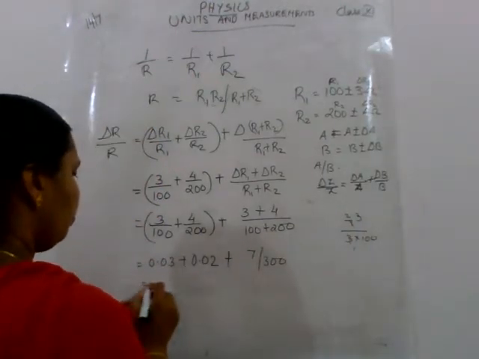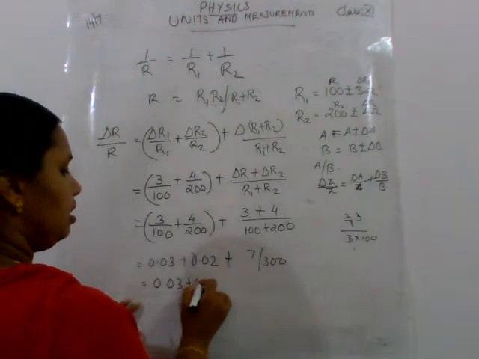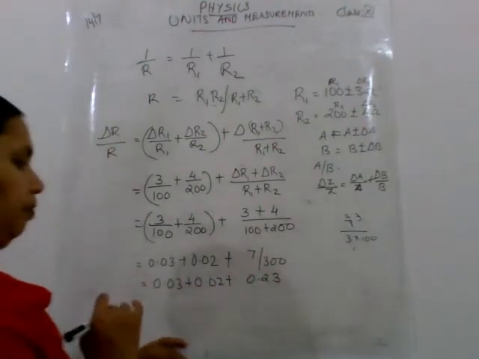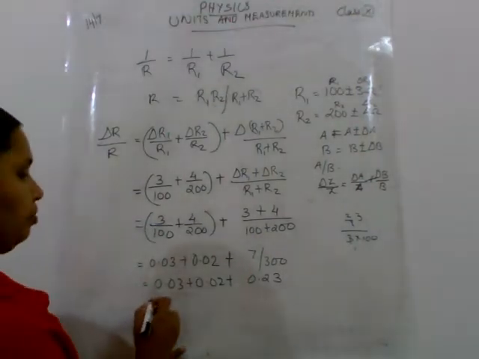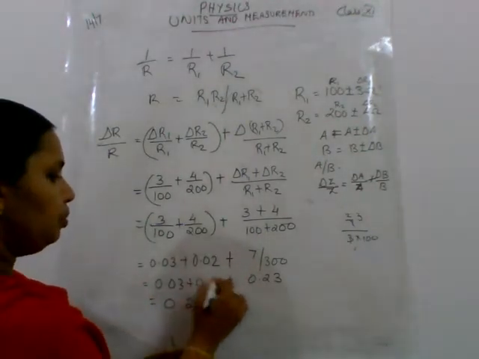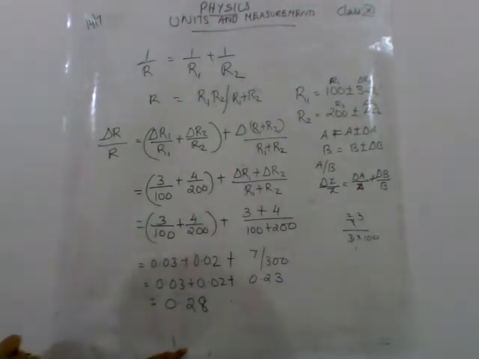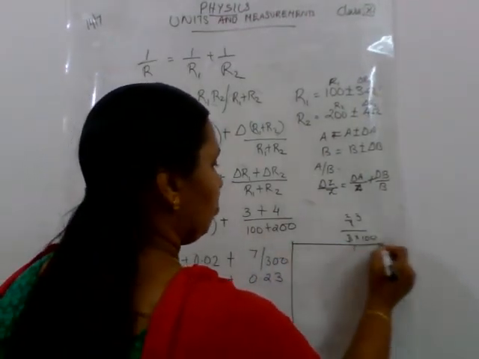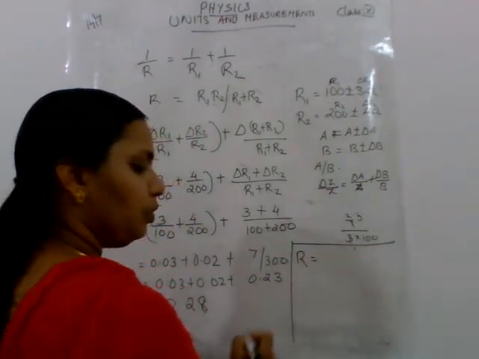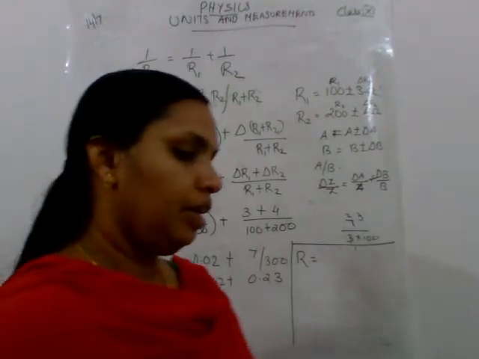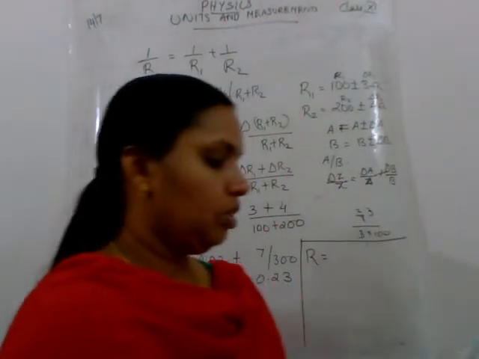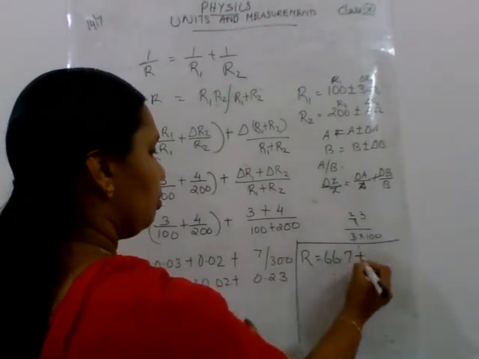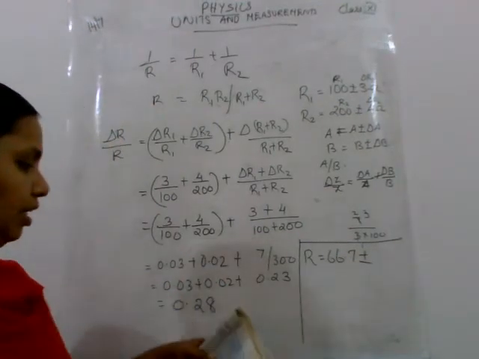So it is equal to 0.03 plus 0.02 plus 0.23. So how much is it? 0.28. So what is our result in the parallel combination? R is equal to what we got previously, 66.7, plus or minus this relative error.